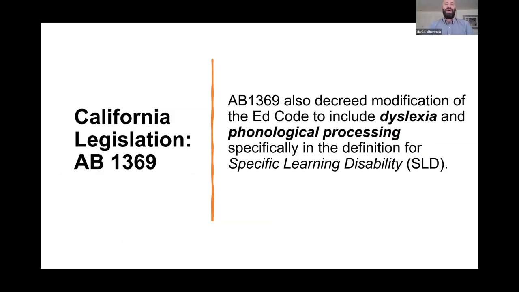So a couple other things happened in the legislation. One, there was a modification to the educational code to include dyslexia and phonological processing in the definition of a specific learning disability. So again, we're talking about a dyslexic profile, we're talking about an SLD, so all the other components of a specific learning disability must be there.